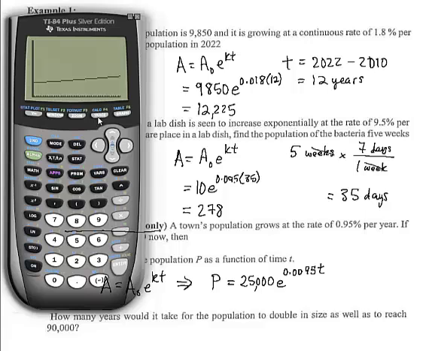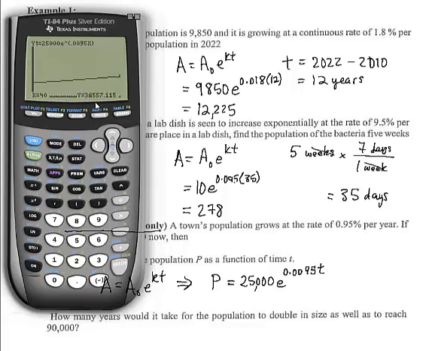Alright, we can hit trace, and at 20 years you can see that we have not yet doubled our population. And then even after 40 years we're only up to 36,557 for our population.